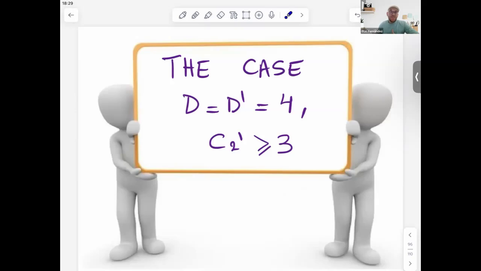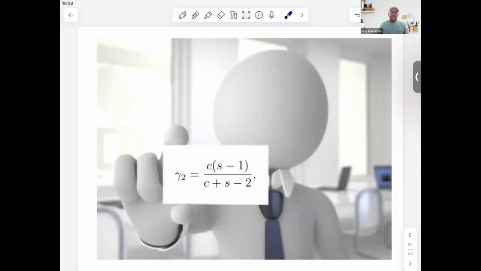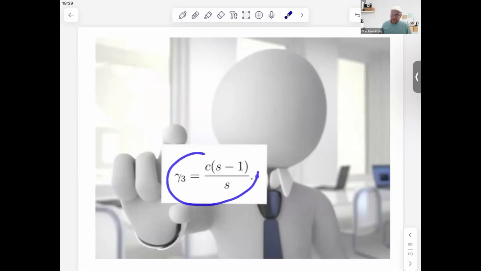And now we just need to consider two cases, c2 prime greater than or equal to 3, and c2 prime equal to 2. Again, these are two cases because of certain equations that we have; I will not discuss it today, I will present just the idea. In the case c2 prime greater than or equal to 3, we compute our scalar gamma 2, this guy here, and we compute this scalar gamma 3.